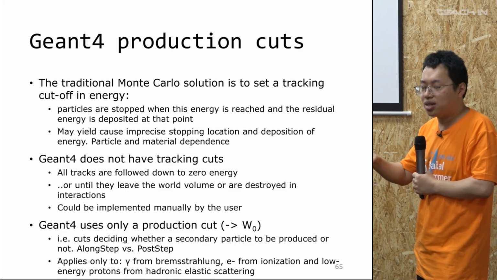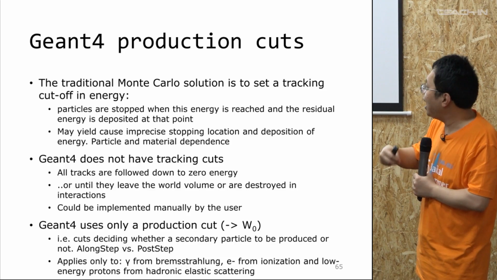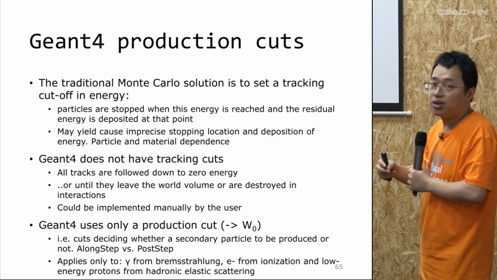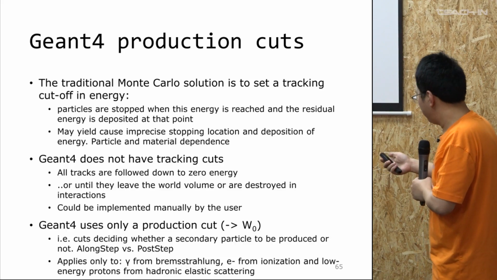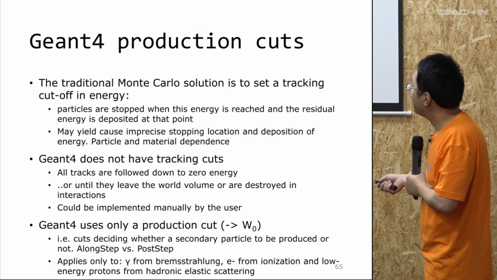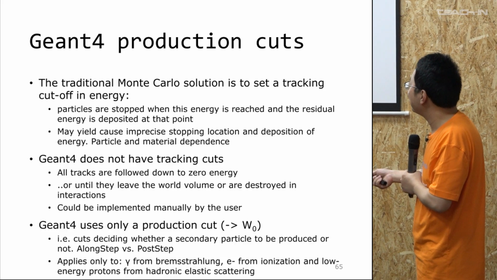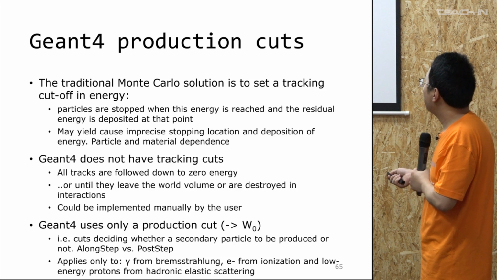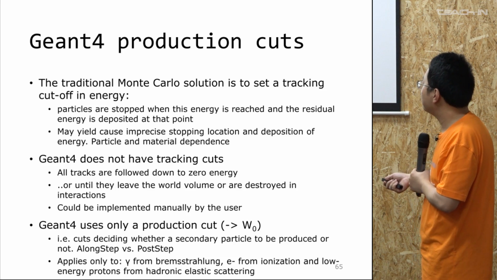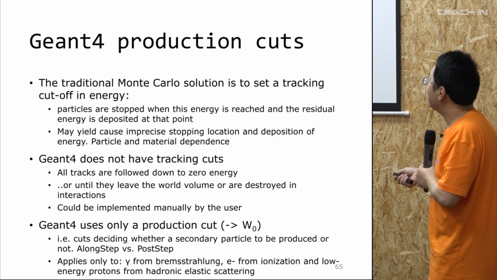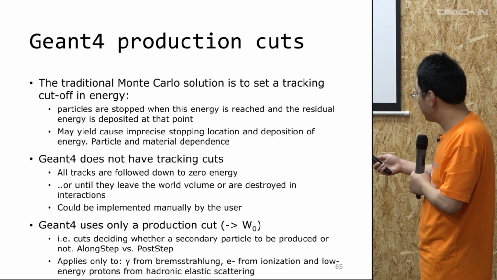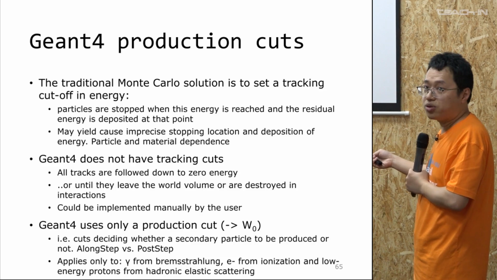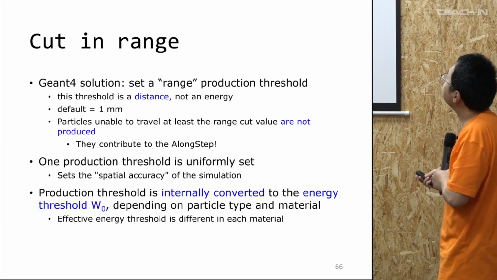We will just use the deposit energy instead, so no secondary is created. And there are also some applicable cases, as you can see here: for the gamma, the ionization and some hadronic inelastic scattering, especially when it creates some secondary electrons. So this production cut is very important.